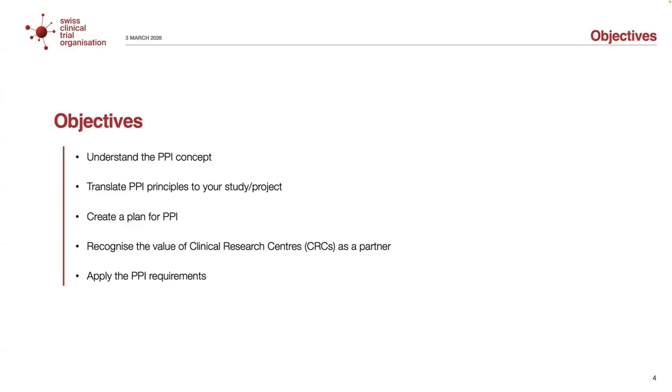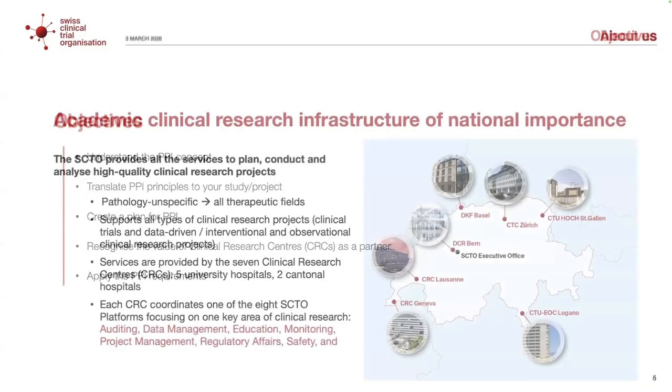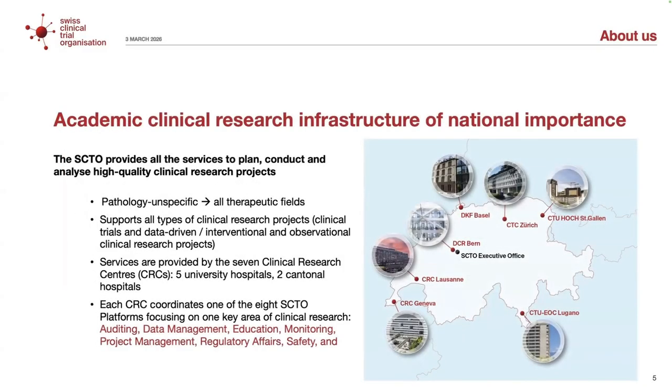Before we dive into the topic of patient and public involvement, for those who do not know the Swiss Clinical Trial Organisation, I will take a few minutes to present our organization. We are an academic clinical research infrastructure of national importance.